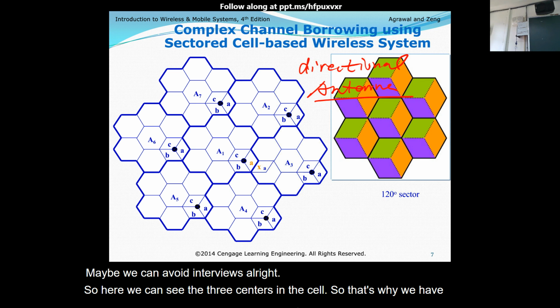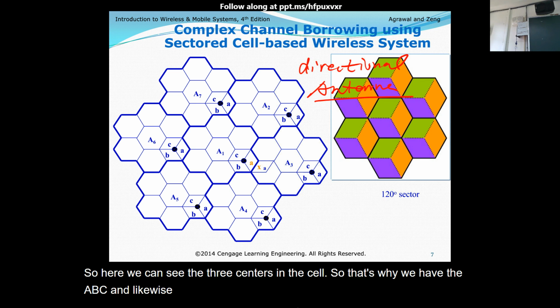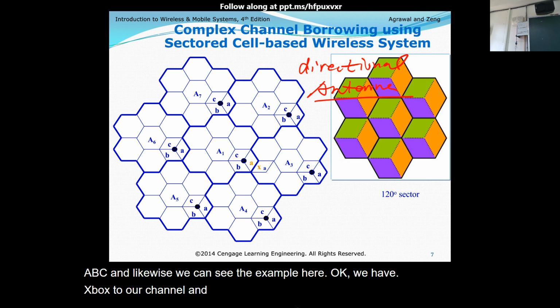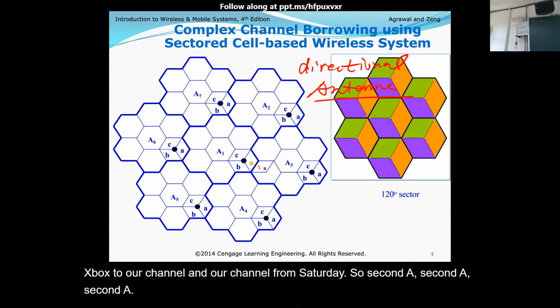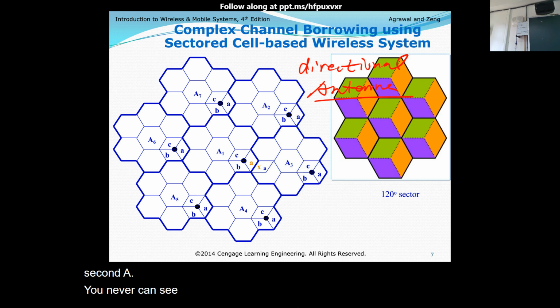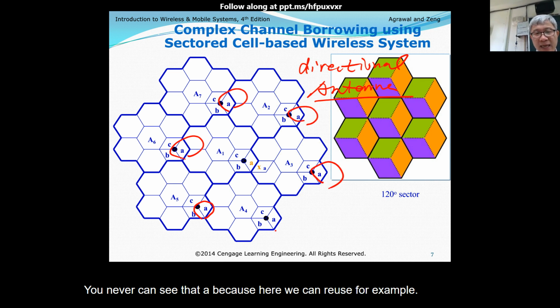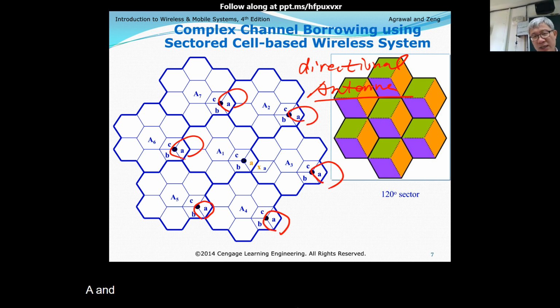And likewise, we can consider, for example, here, X1 borrowing a channel from sector A. You need to consider sector A because here we can reuse, for example, A, and A, and A, and A here.